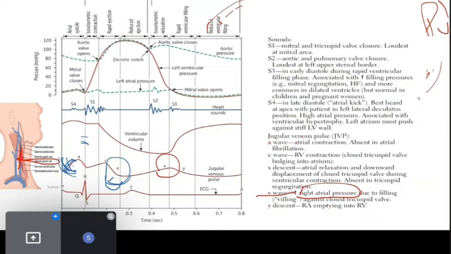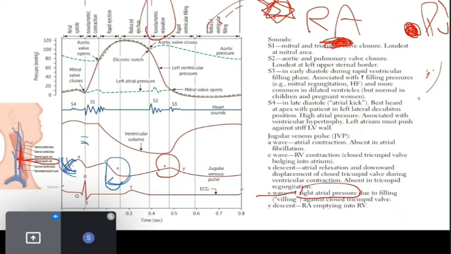It happens during the isovolumetric relaxation, when all the valves close: the tricuspid is closed, and the pulmonary valve closes. We call this the isovolumetric relaxation. All the valves close in the heart, but the right atrium is still filling with blood. Now is the time to fill the right atrium, okay?